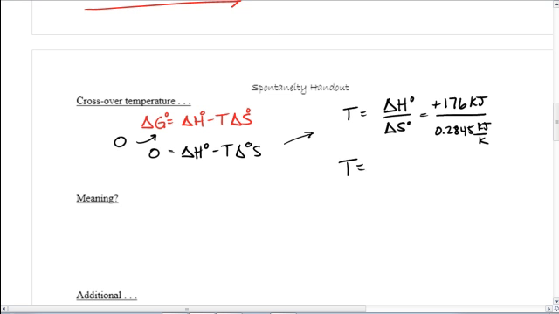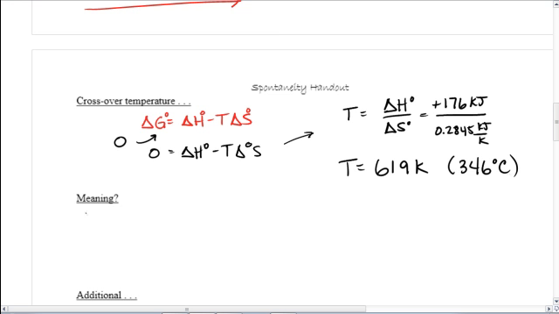And so when we solve for that, we get 619 Kelvin, or 346 degrees Celsius. So this kind of confirms, we saw we were getting closer to equilibrium, and so now we keep raising the temperature from 300 to 346, and now at 346 degrees, that's when we reach equilibrium.